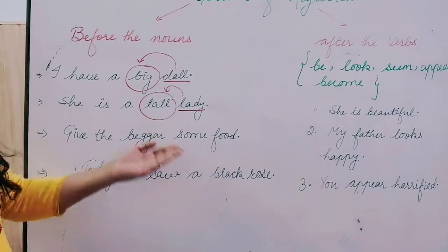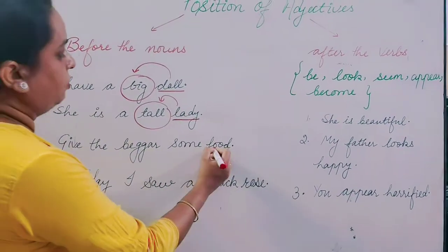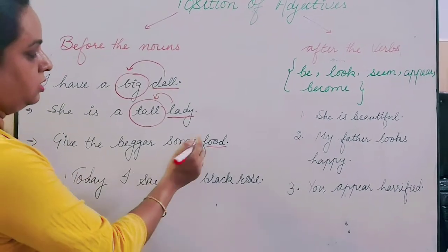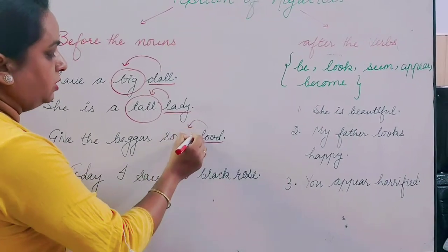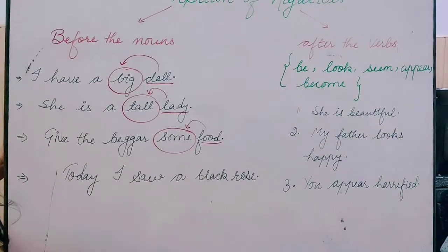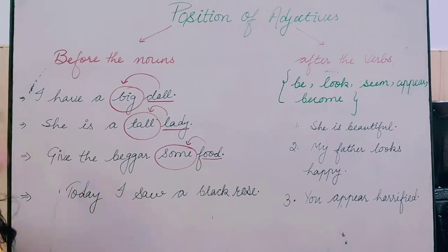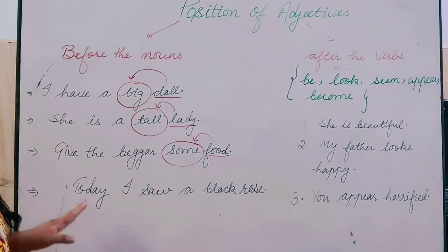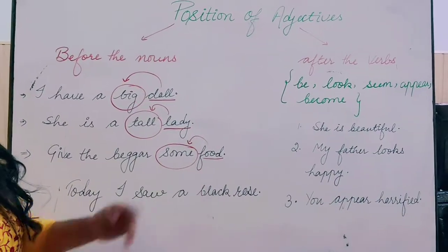Give the beggar some food. Once again, we will look for the noun, and the noun is food. Some is showing the quantity. So quantity, quality, all these things, it is describing the food. So this becomes the adjective here. Today, I saw a black rose.